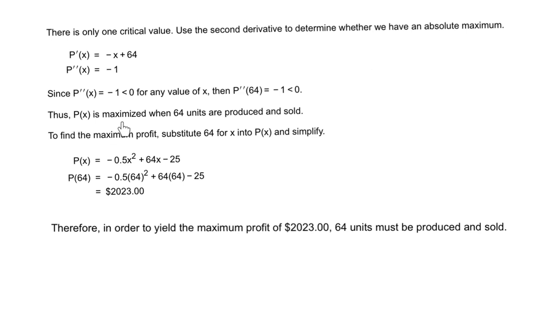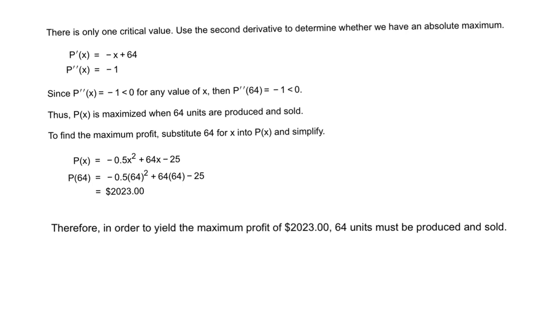So p of x will be maximum when x equals 64 units. So x equals 64 units means 64 is the number of units produced and sold. So when 64 units are produced and sold, the profit will be maximum. Now we need to find the maximum profit.